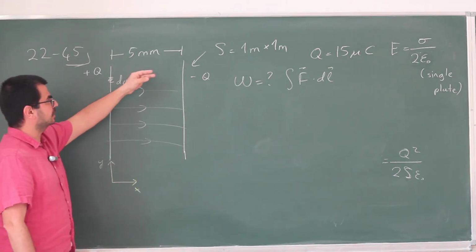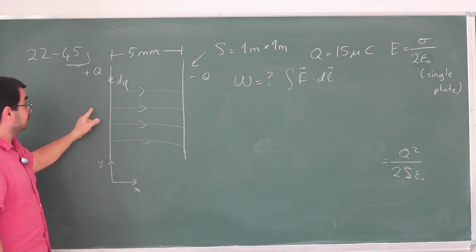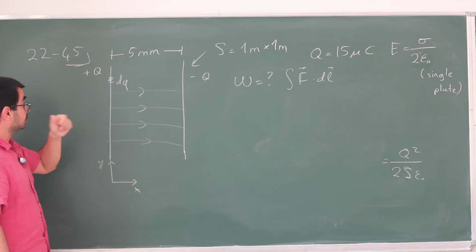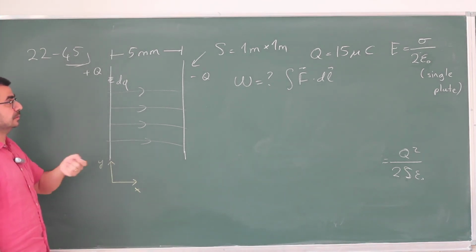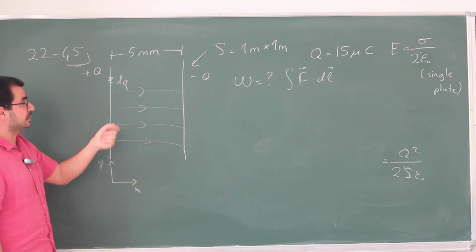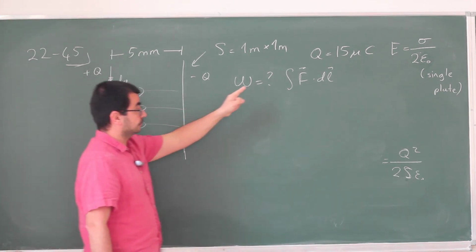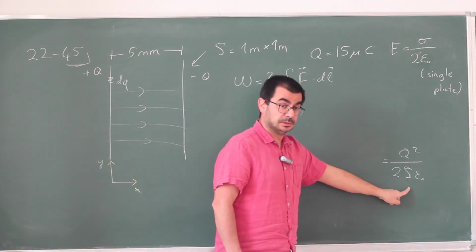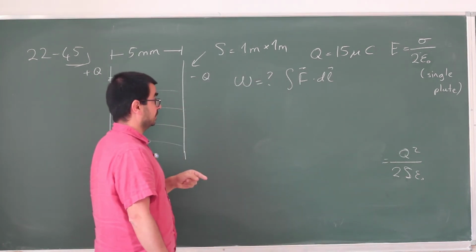But I think you can see that because these are moving in a uniform electric field that's produced by this positive charge, they're all going to do the same amount of work. So that integral over the little parts on this plate is trivial. Okay? And the integral itself is trivial because the force, as you see over here, has a constant magnitude. And in this case, the force and displacement are in the same direction.